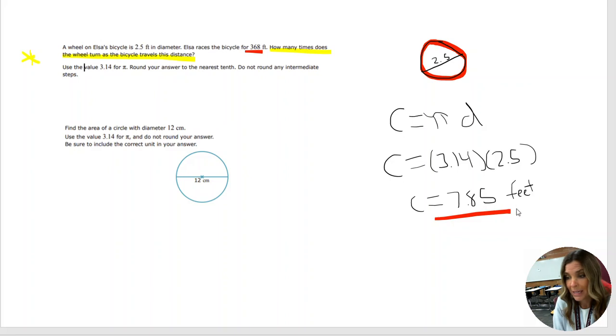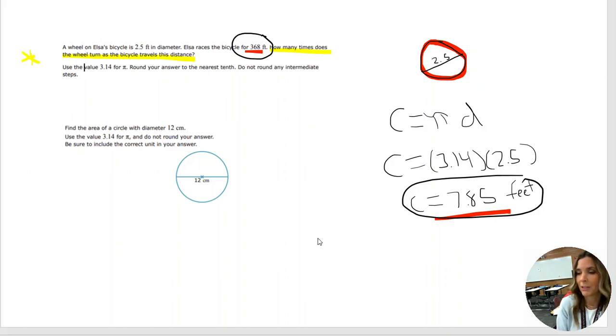Now that we know that, we can answer the question, which is how many times does the wheel turn as the bicycle travels this distance? It travels this distance in one rotation. So we want to know how many rotations the wheel made if the bicycle was being raced for 368 feet.